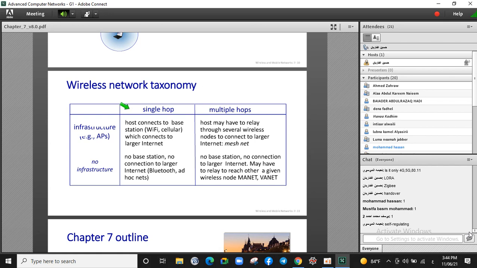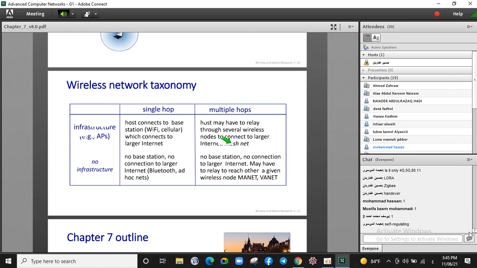Single hop means that two nodes can communicate directly, and multi-hop means that two nodes may communicate together via some other nodes between themselves. Something like a mesh or VANET or MANET or ad hoc.